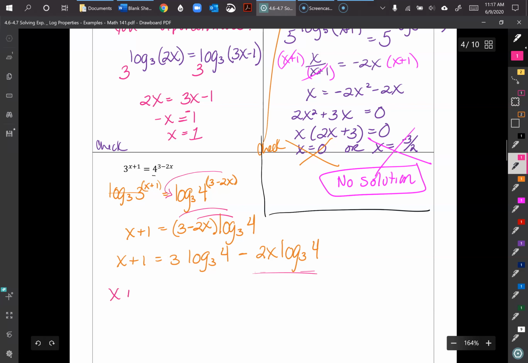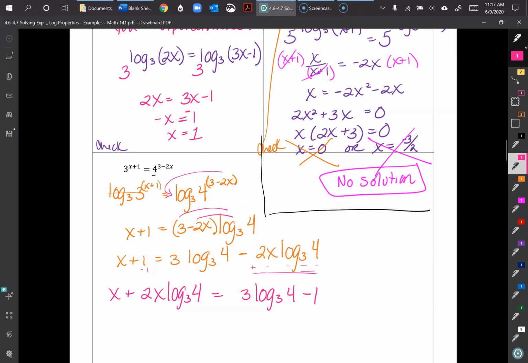So that's going to be x plus 2x log base 3 of 4. And then I want to subtract this 1 from there, right? So I'm going to have it equals 3 log base 3 of 4 minus 1. Okay, so I added this to both sides and I subtracted 1 on both sides.